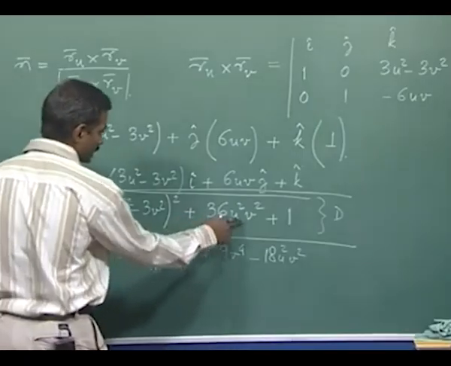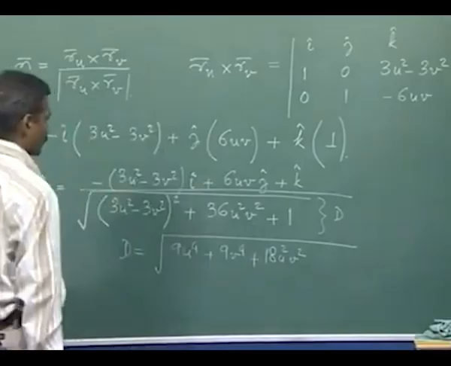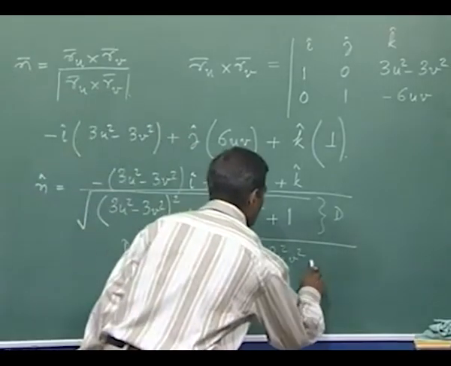We'll have 36u squared v squared from here. So this becomes plus 18u squared v squared plus 1.